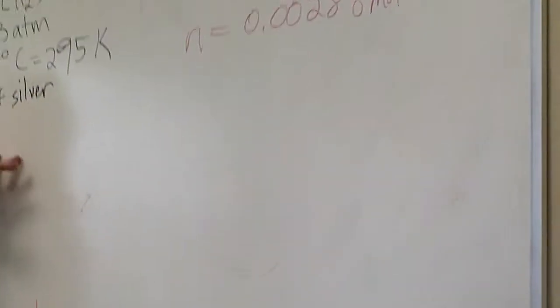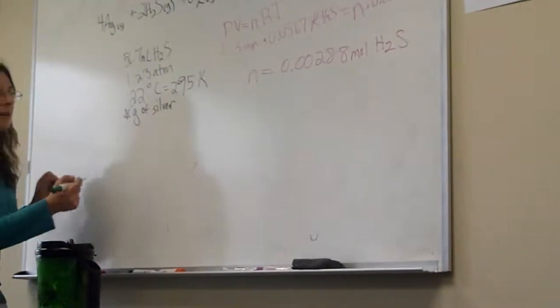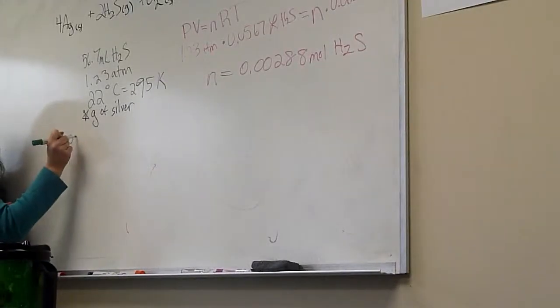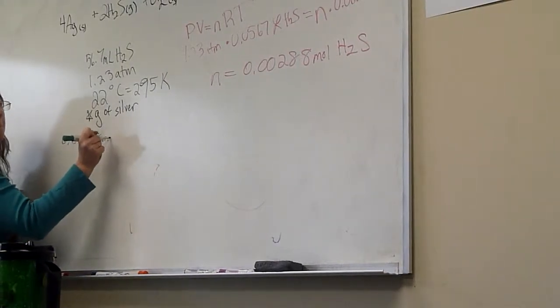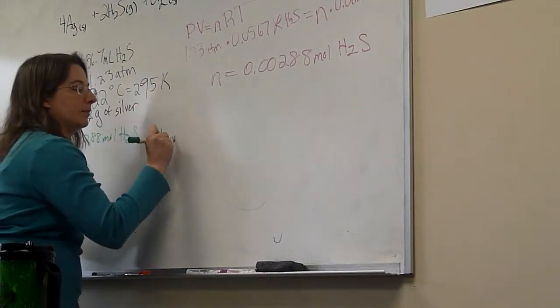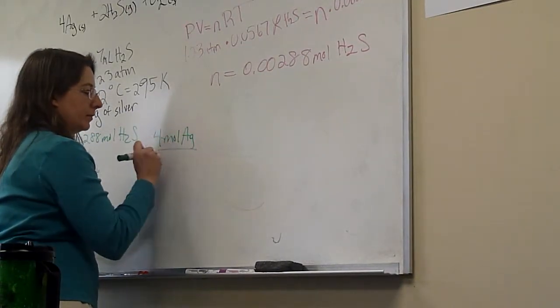So how are we going to find grams of silver now? To convert, you use the mole ratio. So you go times 0.00288 times 4 moles of Ag over 2 moles of H2S.